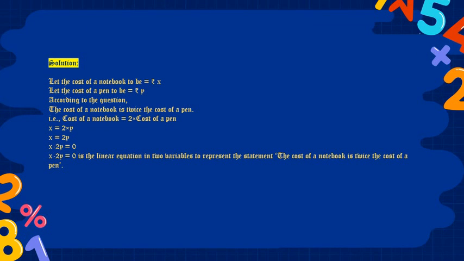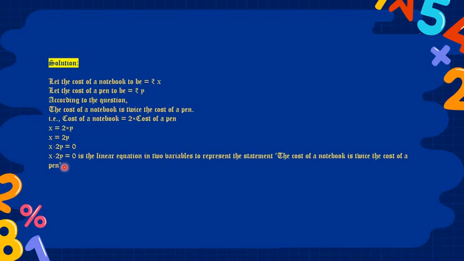See the solution. Let the cost of a notebook be x. Let the cost of a pen be y. According to the question, the cost of a notebook is twice the cost of a pen. So x is equal to 2 into y.